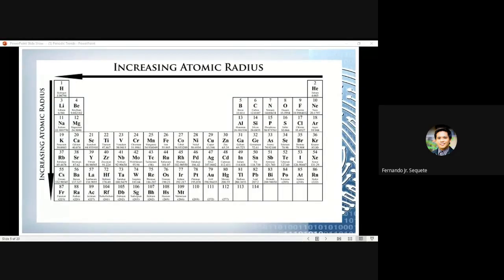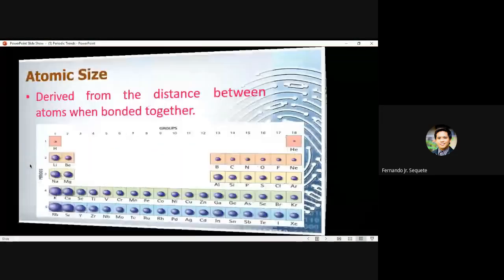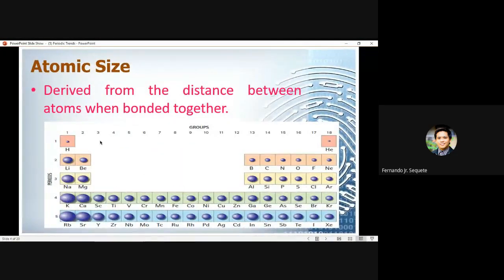Okay? Now, kung titingnan naman natin itong top to bottom, the arrow is actually moving from top to bottom. Therefore, kung titingnan natin itong ating picture, sabi ninyo that top to bottom nag-increase daw ang atomic size or atomic radius. And that is true.